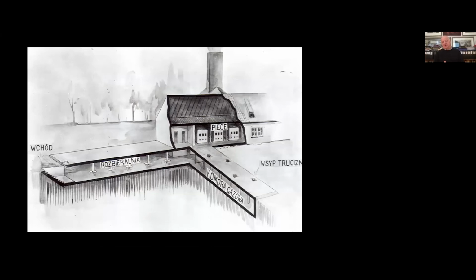By the way, this is a photo of him before the Holocaust. And on the basis of Tauber's testimony, a draftsman of Professor Davidovsky made this drawing in 1945 that showed the underground arrangement of the crematorium number 2 with the large undressing room.